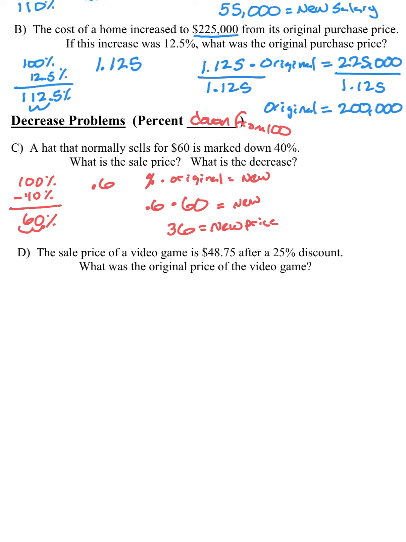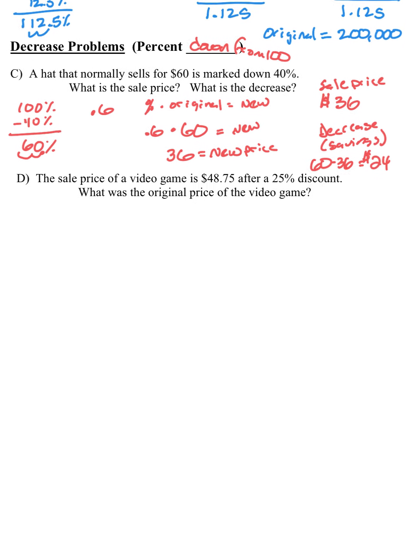So to answer the question, what is the sale price? Well, the sale price is $36. It also followed up asking us what the decrease was. Well, the decrease, or the savings, if you will, would simply be the original price minus the sale price. So $60 minus $36 equals a $24 savings.